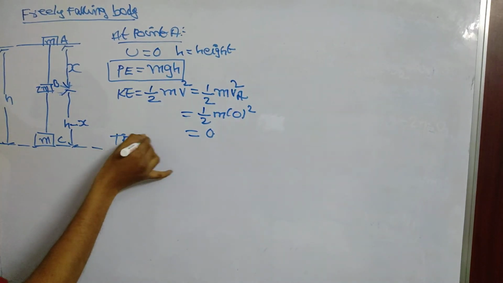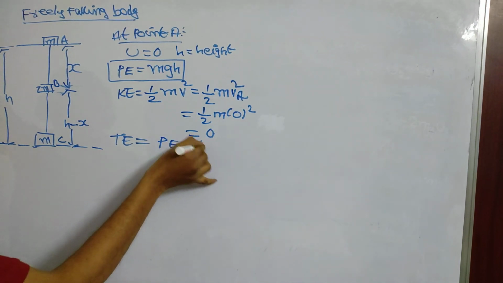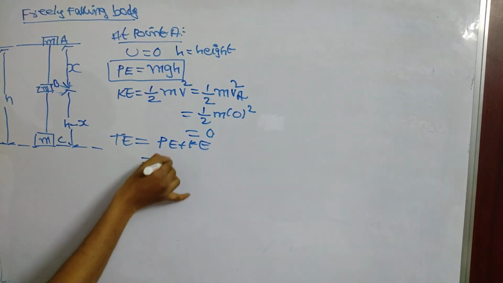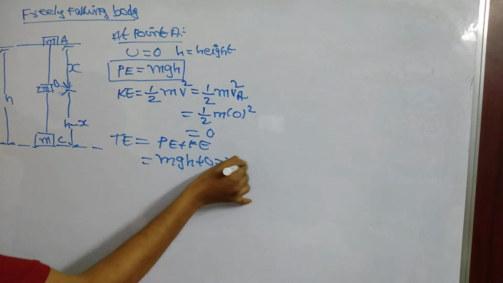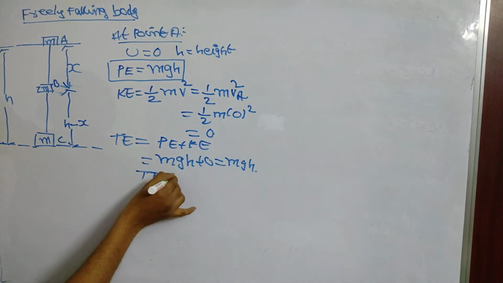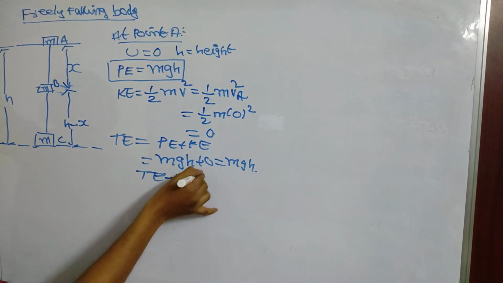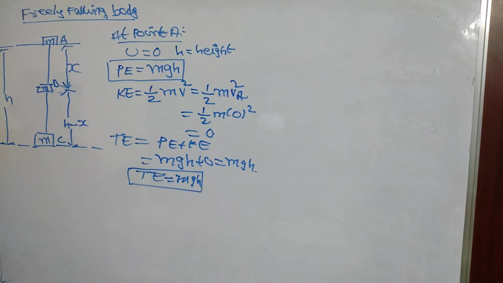Then the total energy at point A is the sum of potential energy and kinetic energy. The result is how much? mgh plus 0. The resultant value is mgh. That is the value we got at point A, mgh. That is the first case we observed.